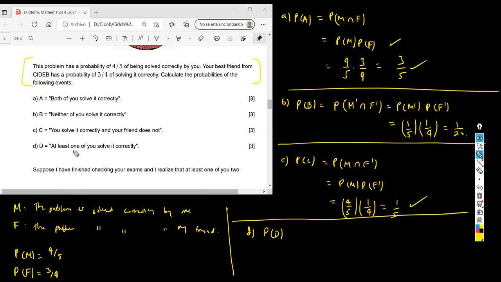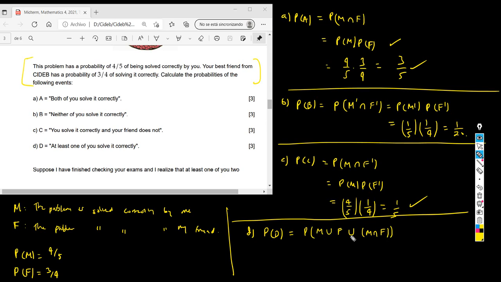D stands for at least one of you solved it correctly. What does that mean? It means the following, guys. That means that either I solved it correctly, or my friend solved it correctly, or we both solved it correctly.